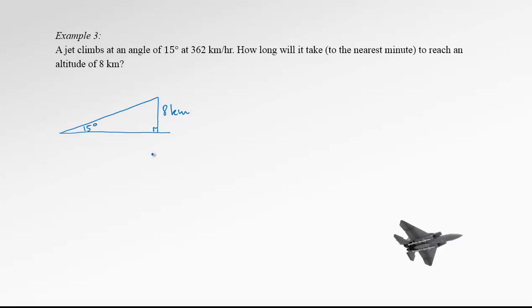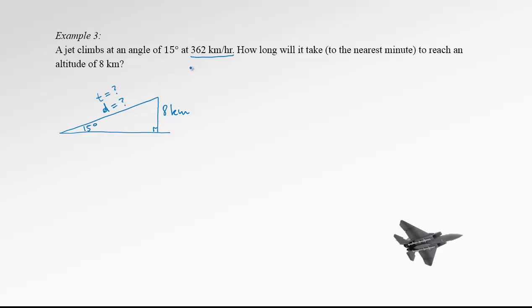So this is our right angle triangle. The question asks us how long will it take for the jet to go from this point to that point. So we're after time. But we know that the time is connected with the rate, which is given here, and the distance that we don't know yet, right? What is the relation between all these three quantities?